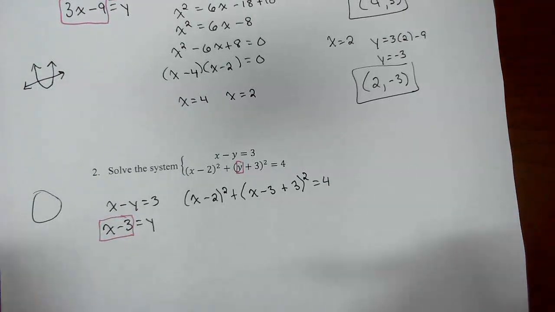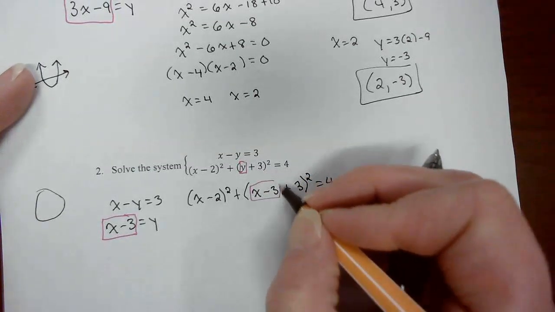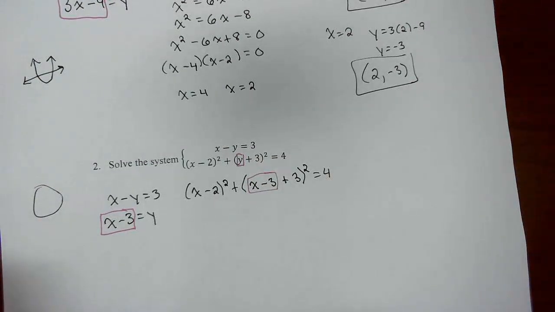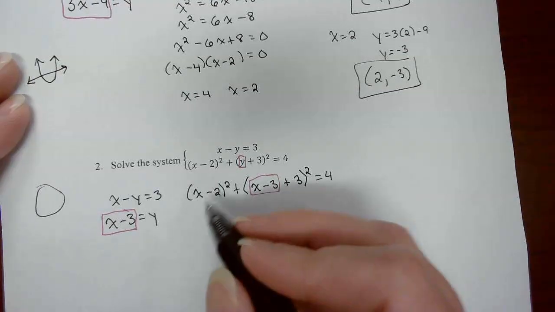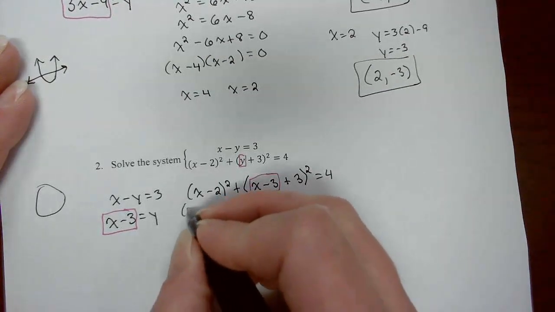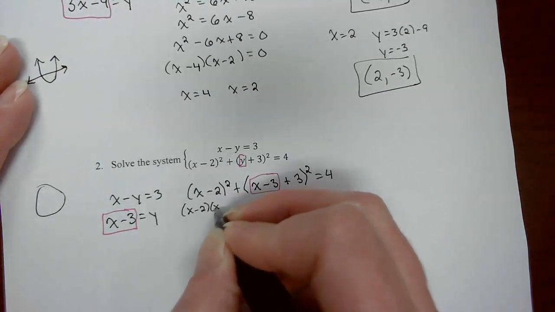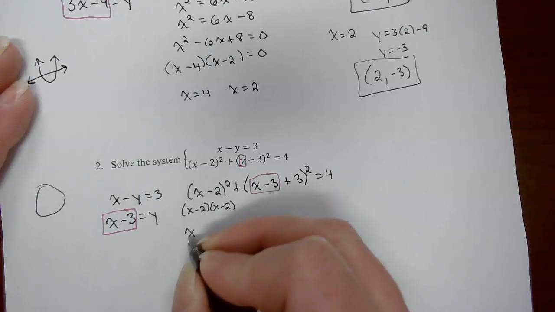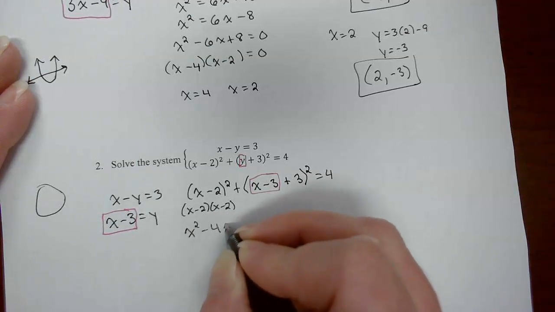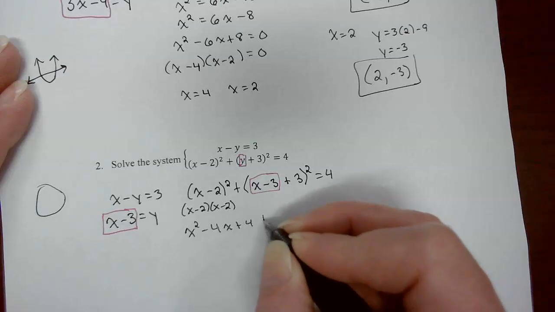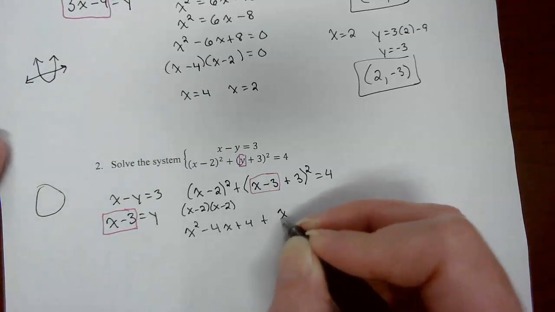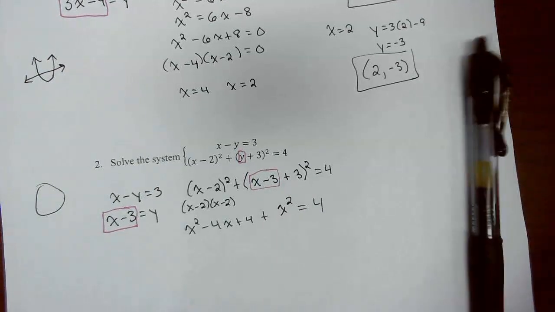So this was the expression x minus 3 that came from the substitution. Now I will need to multiply this out. So I need to remember that's x minus 2 times x minus 2. X squared minus 4x plus 4 plus x squared equals 4.